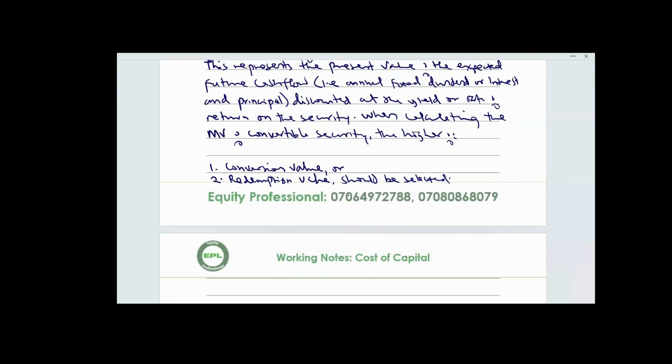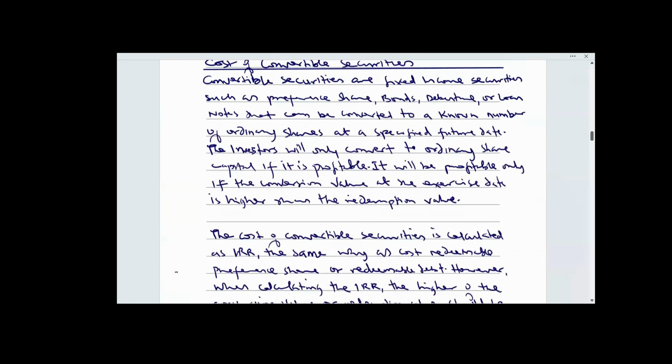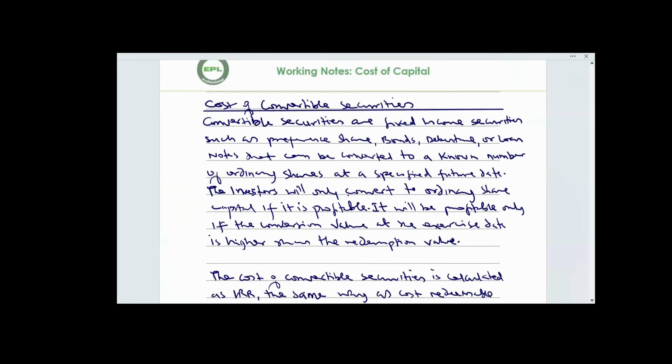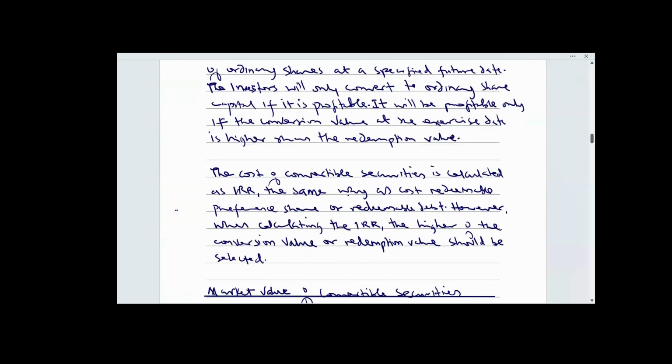Okay, so these are the key points you need to know when it comes to convertible securities. Anytime you are asked to calculate the cost of convertible securities, just go ahead and calculate internal rate of return.